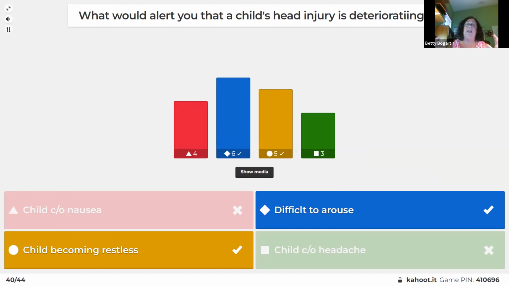That's normal. If it got worse, if the nausea turned into profuse vomiting, and if the headache became severe and constant, that's one thing, but not just the headache, not just nausea. Difficult to arouse and now becoming restless are both. Amnesia is also a change in consciousness, which would be another thing.